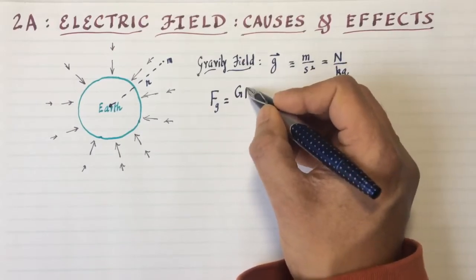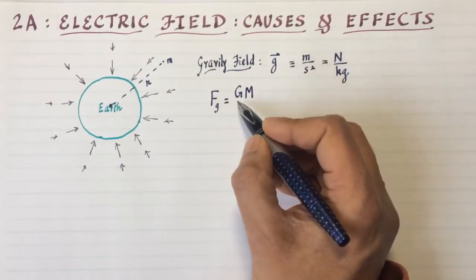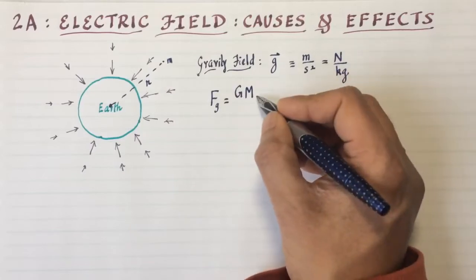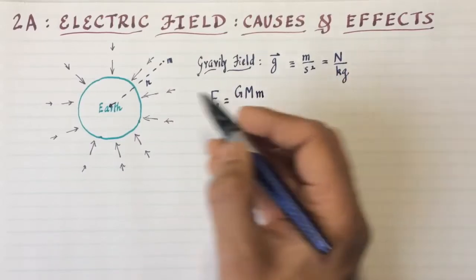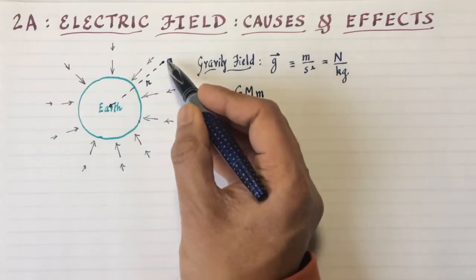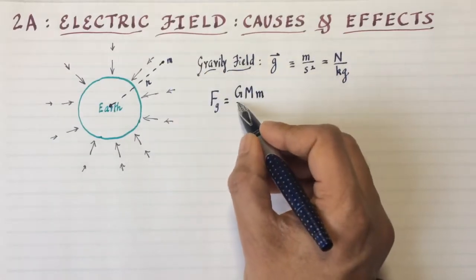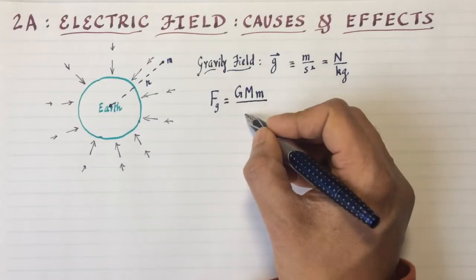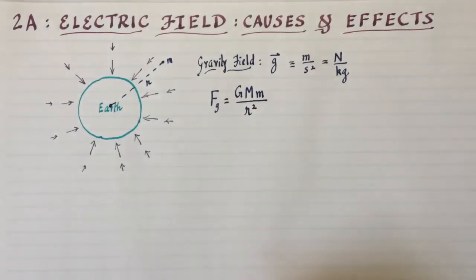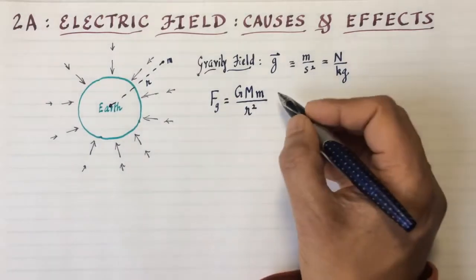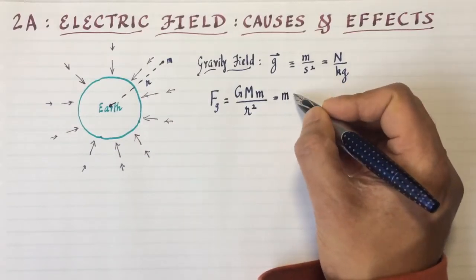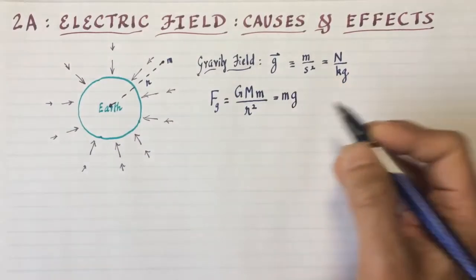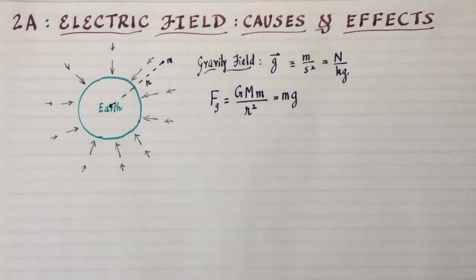So that's going to be the gravitational constant G times the mass of the Earth, which I'll call capital M, times the mass of the object, let's say you're an astronaut out in space, divided by r squared. Now, by Newton's second law, this is also equal to mass times acceleration. So that's going to be m times g, where g is the acceleration due to gravity.